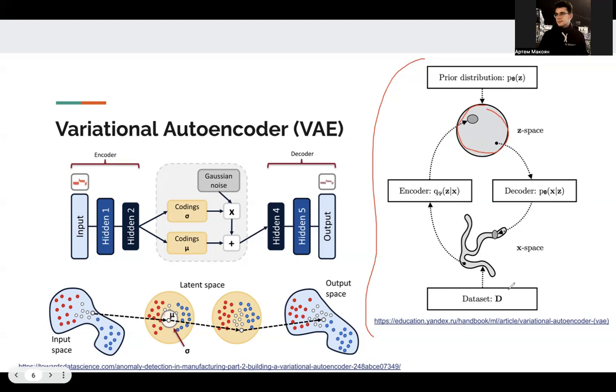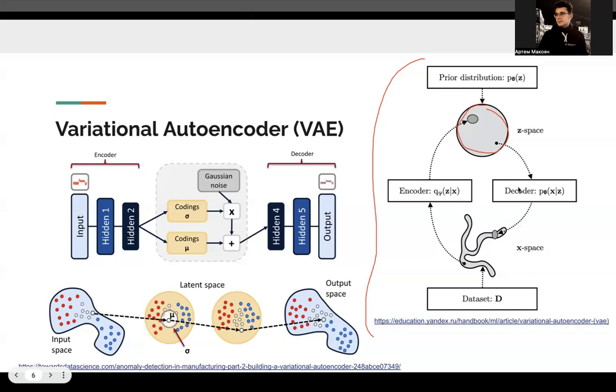So while training, we obtain X from the dataset, encode it, and then decode it back. And that's while training. While inferencing, we sample Z from this distribution and decode it into an element from our true distribution.